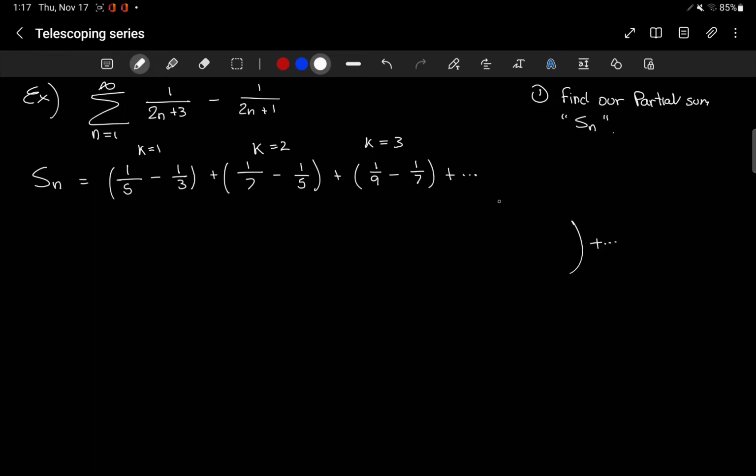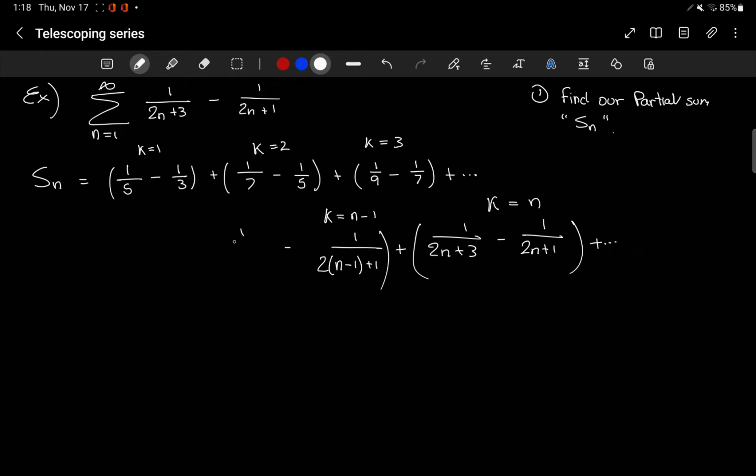Real simple, when k equals n, we just have the original 1 over 2n plus 1 minus 1 over 2n plus 3, and when k equals n minus 1, well then we would have 1 over 2 times n minus 1 plus 1 minus 1 over 2 times n minus 1 plus 3.